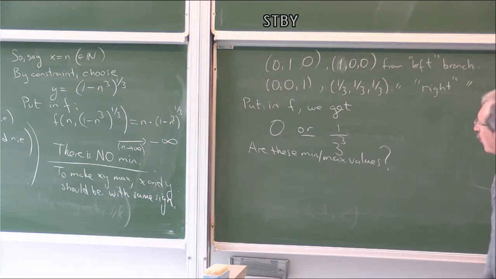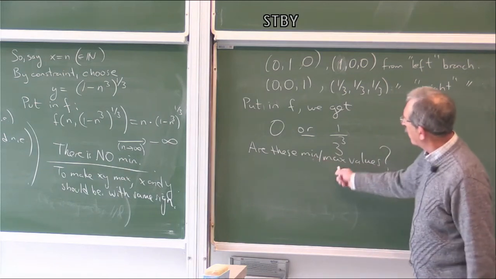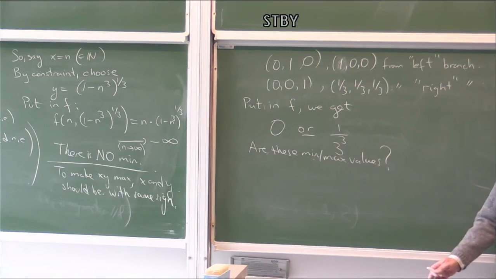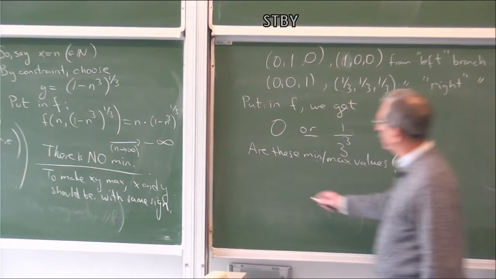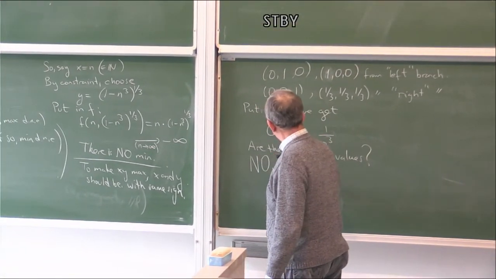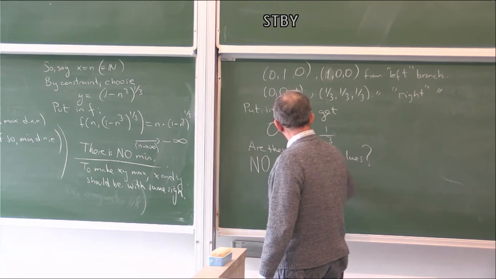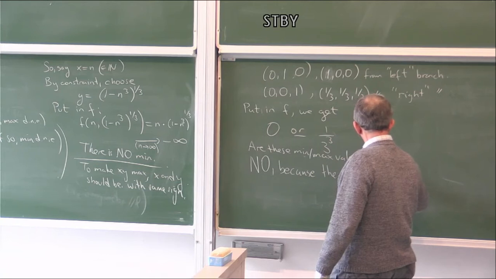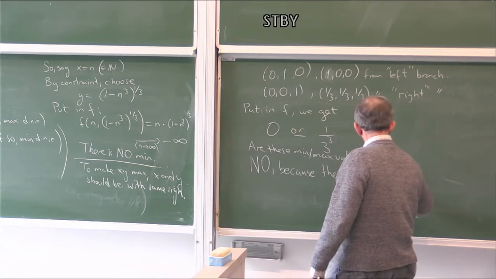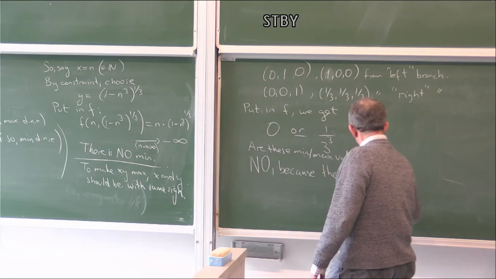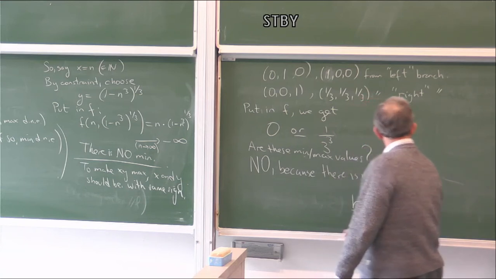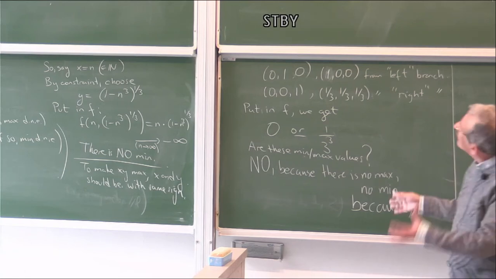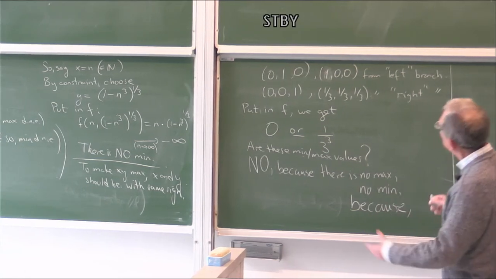The answer to both ways, minimum or maximum, is no. Because there is no maximum, there is no minimum in this case. Because of the following. Okay, the constraint is that the sum will be 1.